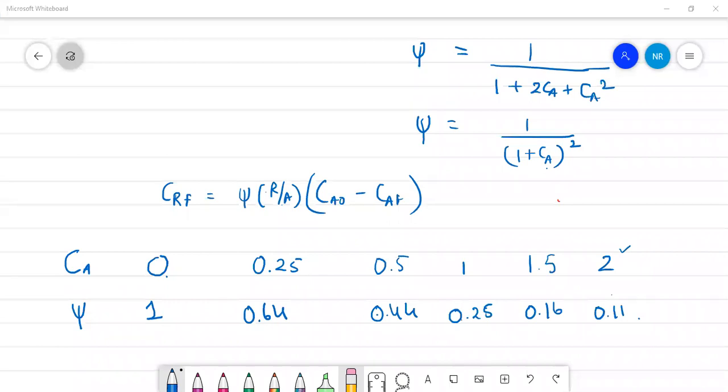Let me draw the graph in Excel. Just 1 minute, I open Excel and try to draw a graph. Okay, this is the Excel.